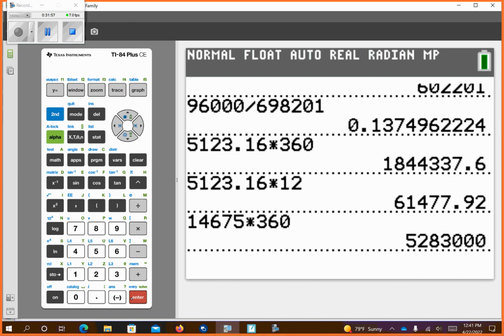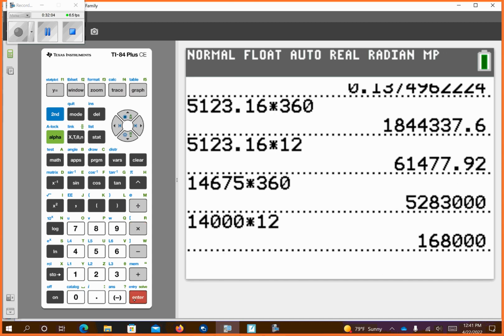So $14,000 a month times 12. That's what I make a year when I retire, as I lowball it. Friends, I kid you not.